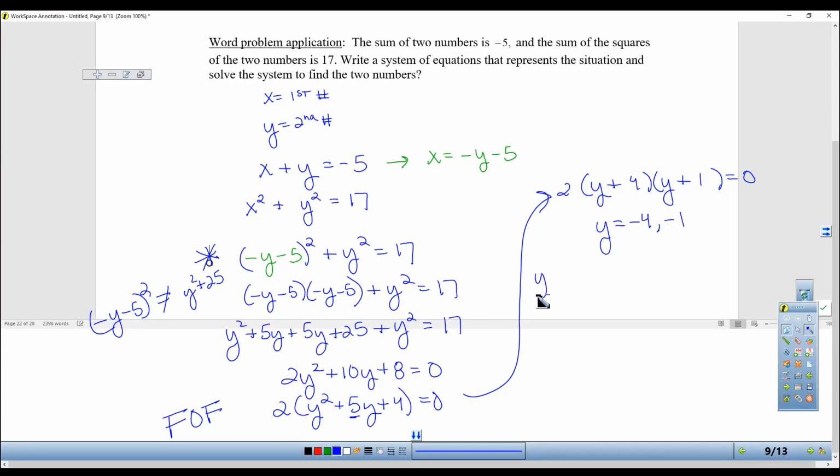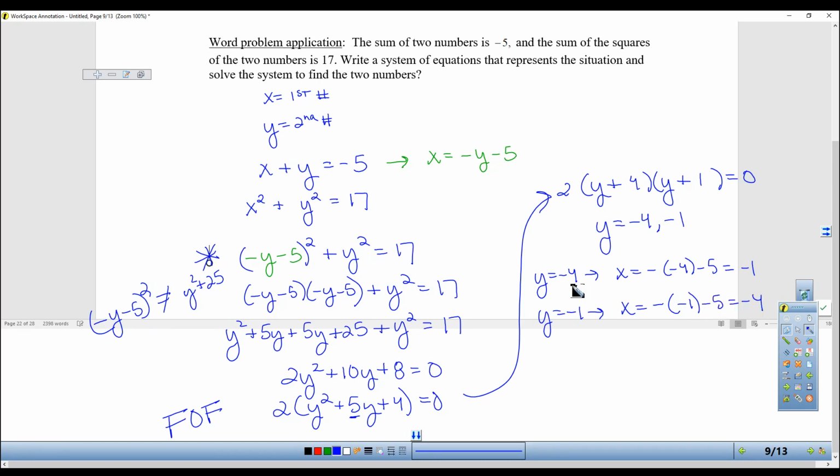So plugging those in, when y is -4, x is opposite of -4 minus 5, which is -1. Or if y is -1, then x would be, I'm using this green equation up here, opposite of -1 minus 5, which would be -4.